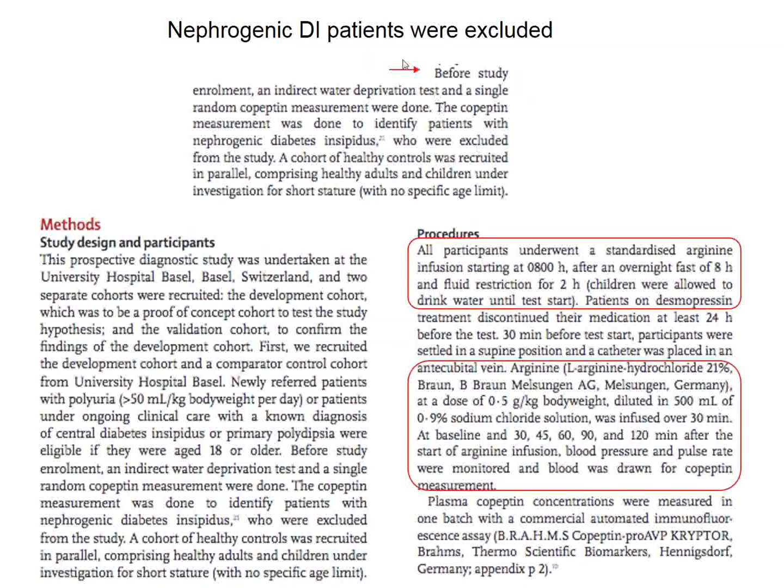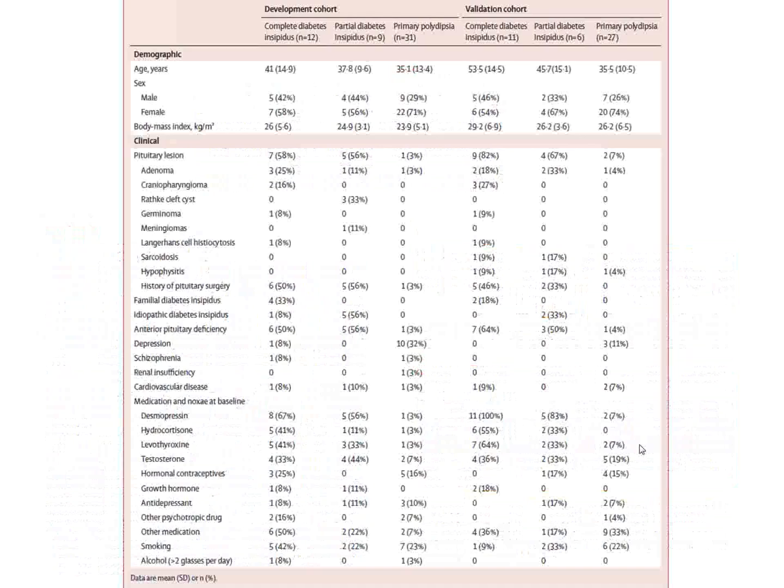All of the participants, with patients with nephrogenic DI excluded, underwent a standardized arginine infusion, which was performed in the mornings after an overnight fast. And then these patients underwent sequential measurements of copeptin release at 30 minutes, 45 minutes, 60 minutes, 90 minutes, and after 2 hours. Now, these patients were hospitalized, but I would imagine that this test could also be performed in cooperative patients on an outpatient basis.